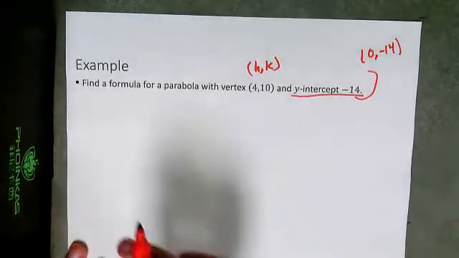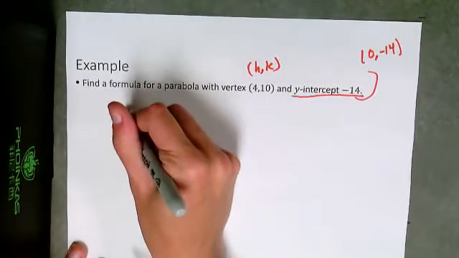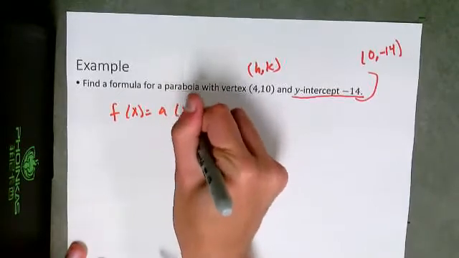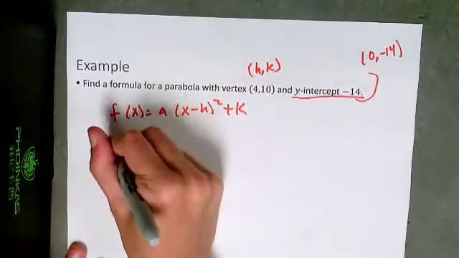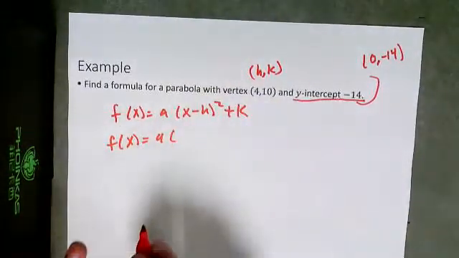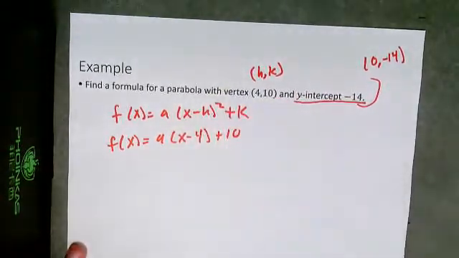Well, what was standard form? f of x is equal to a times (x minus h) squared plus k. So we have f of x is equal to a times (x minus 4) squared plus 10.